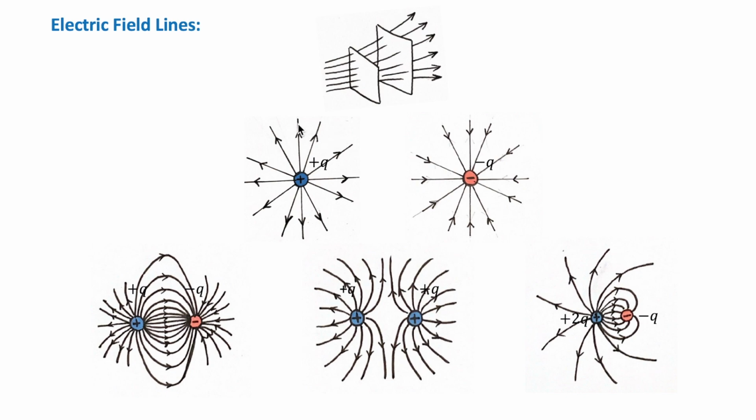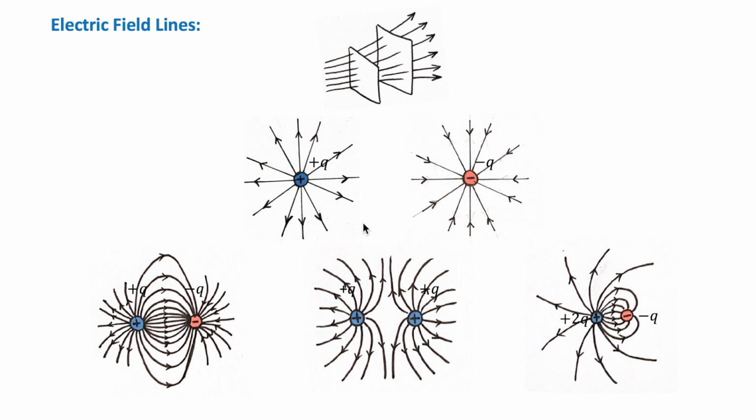And the number of lines per unit area on the sphere is N over 4 pi r squared. And 4 pi r squared is the surface area of the sphere. So because E is proportional to the number of lines per unit area, it means it is proportional to 1 over r squared. And this is consistent with the equation E is equal to keq over r squared for a point charge. Okay?